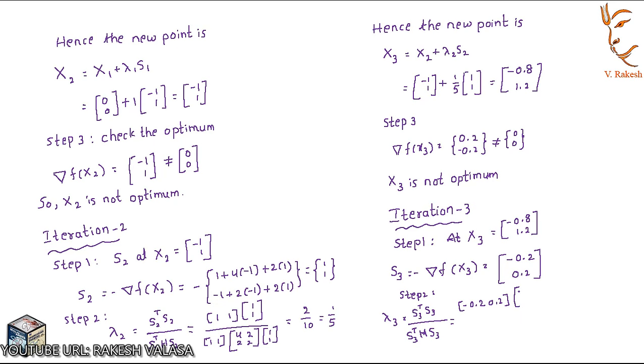S3 is minus 0.2, 0.2 by S3 transpose, that is minus 0.2, 0.2. Hessian matrix is 4 2 2 2. S3 is minus 0.2, 0.2. Now simplify these matrices, we get 1.